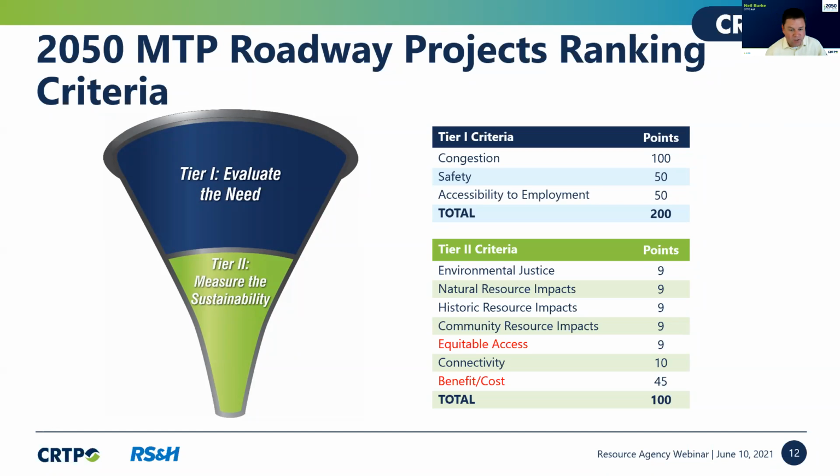Tier 1 is congestion, measuring the existing congestion levels along these corridors, the safety, looking at crash data and developing scores based on crash severity, and then access to employment. Out of the 300 possible points, it's weighted more heavily to the Tier 1 criteria for a couple reasons.